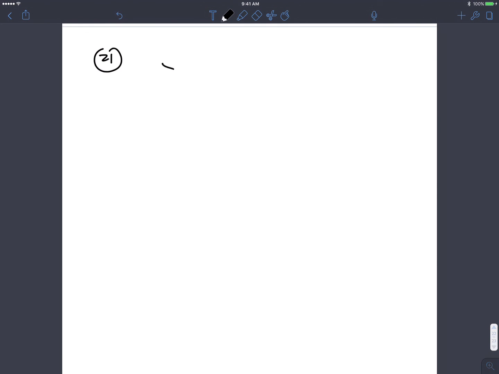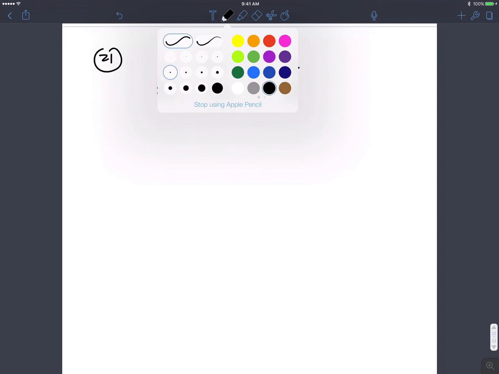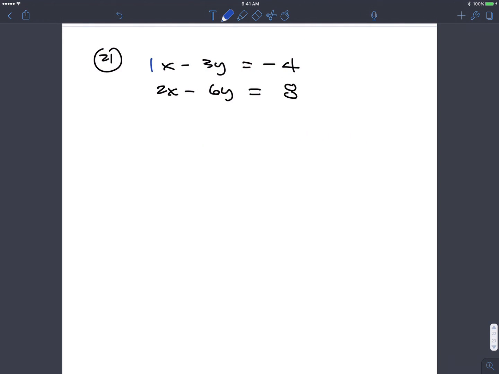21. We have x minus 3y is negative 4. 2x minus 6y is positive 8. If we create the augmented matrix again, there's a 1, negative 3, negative 4, 2, negative 6, positive 8.